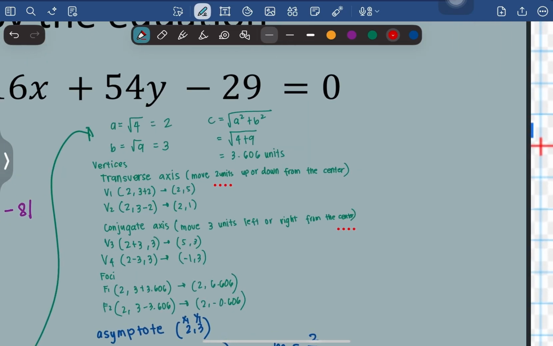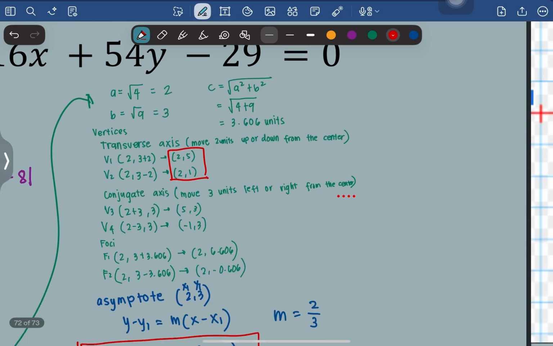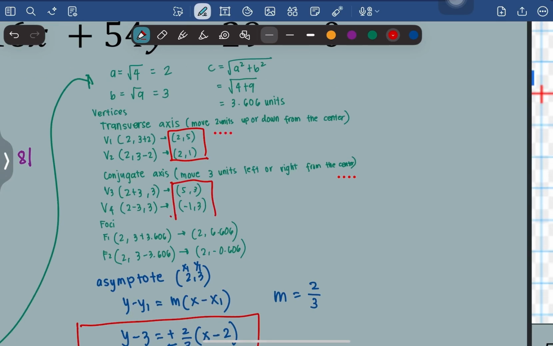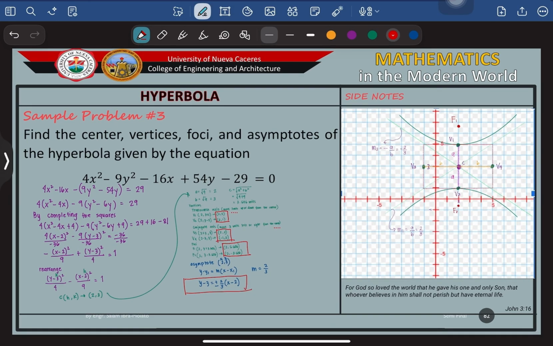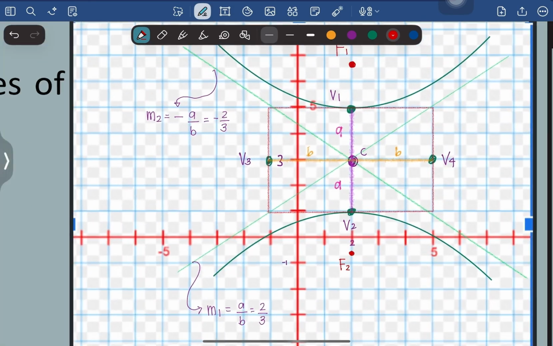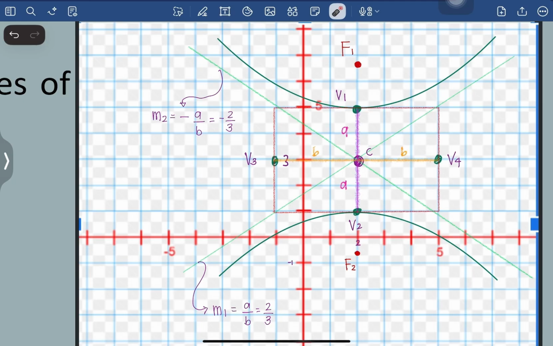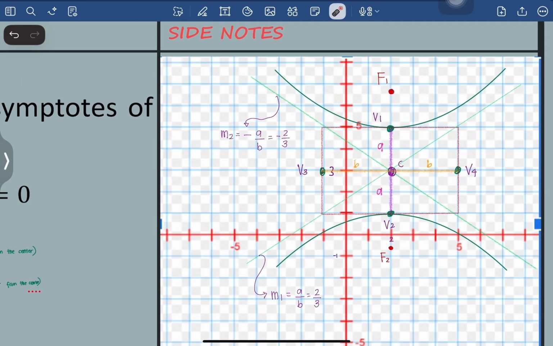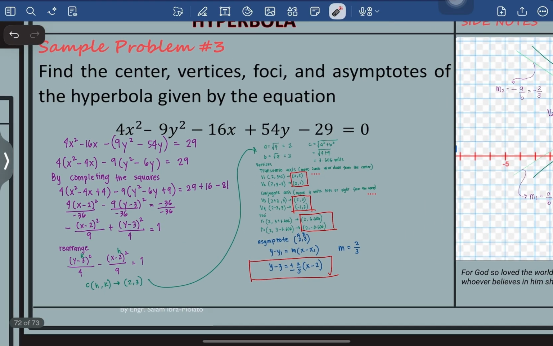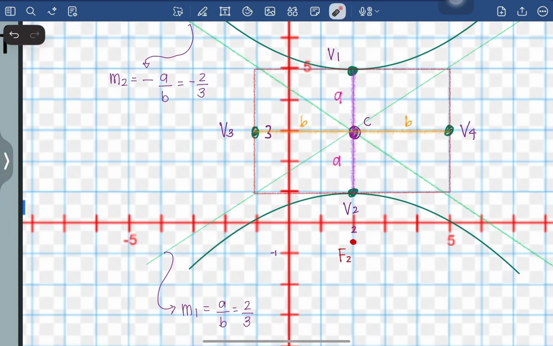Then for the vertices and the foci. So to graph this one, so ito na po yung lalabas. This is the center. Then positive yung y term natin.